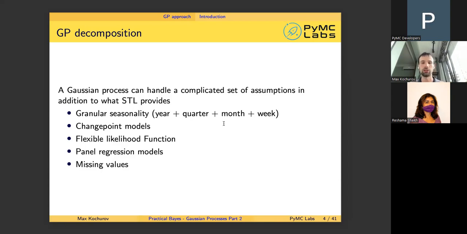Moreover, you can estimate very important parameters like length scales, which basically define how stable your process is in time. To get all this, you need to go Bayesian and specify your model, adjusting your hyperparameters and priors so that they reflect your domain expertise about your data.